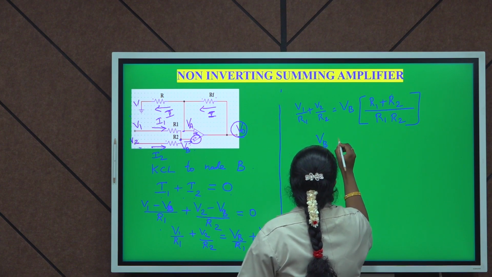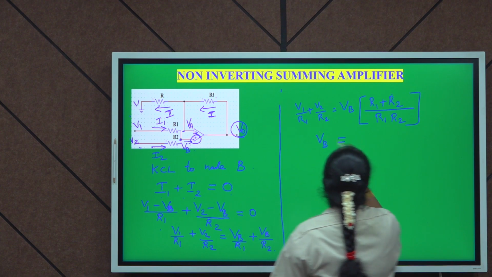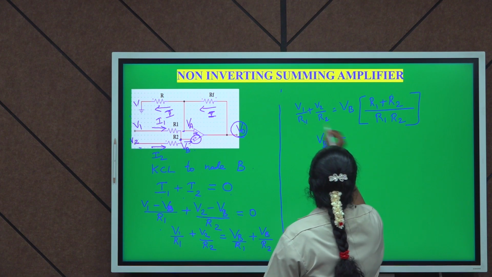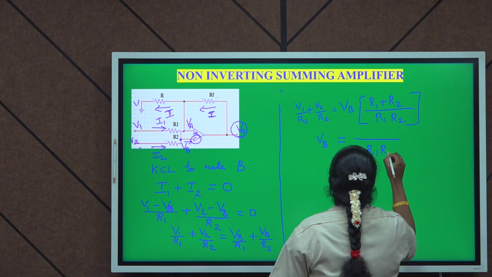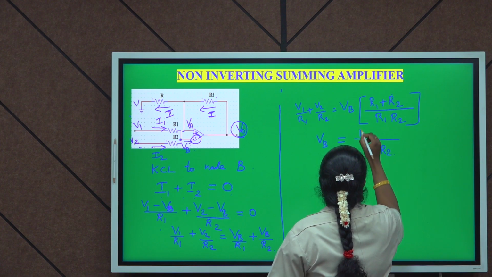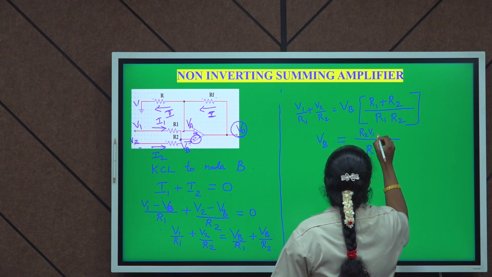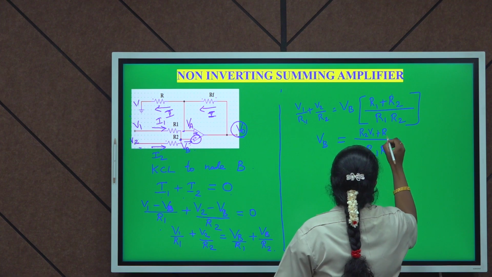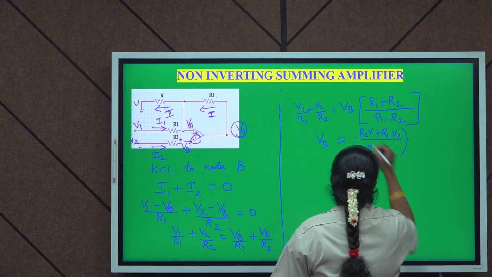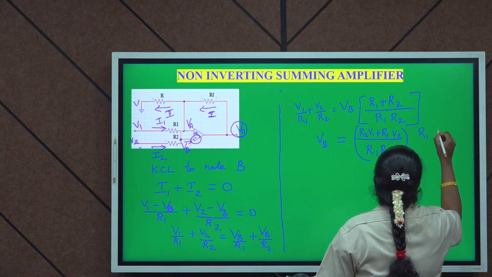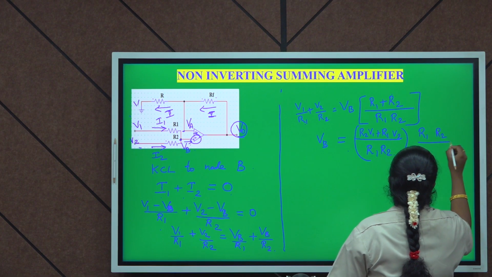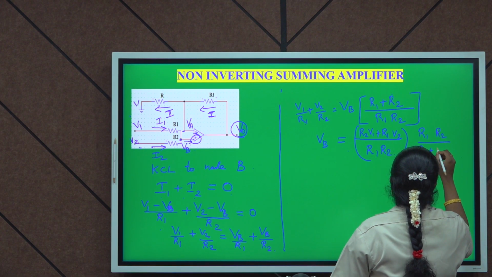So we can write the equation VB is equal to, taking LCM, R2 into V1 plus R1 into V2, multiplied with R1 R2 divided by R1 plus R2.